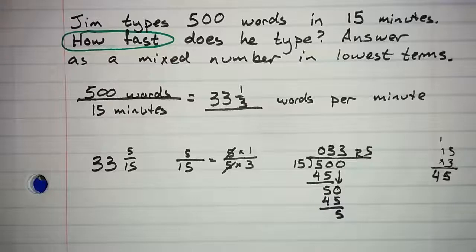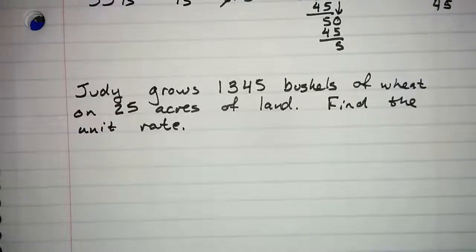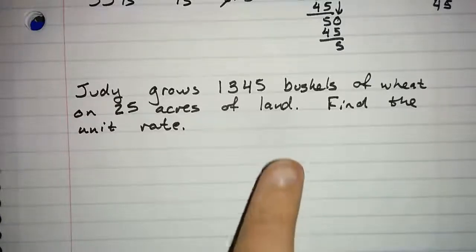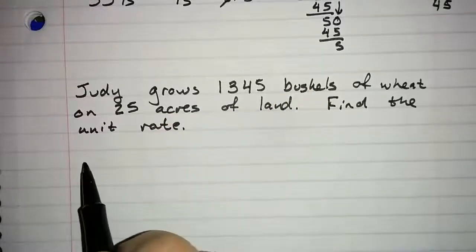All right, let me give you some examples to try. The first one is just the simple unit rate. Suppose we know that Judy grows 1,345 bushels of wheat on 25 acres of land, and would like to find the unit rate. Pause the video and try this now. Okay, this isn't a special kind of unit rate, so it's just going to be first quantity per second quantity.